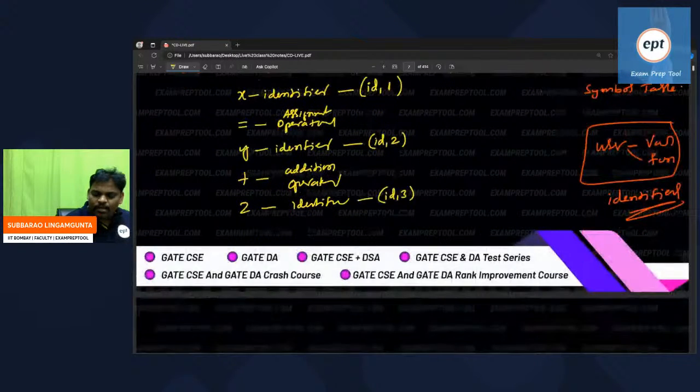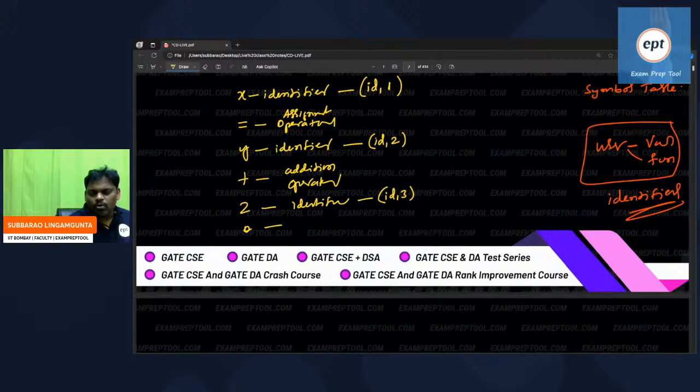So Z came. What is the next? After Z, star came. So I think the lexical analyzer got to know star. Star is your multiplication operator, or maybe a pointer, whatever it is.